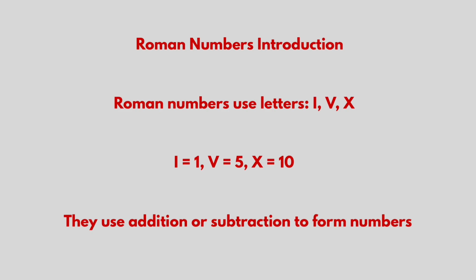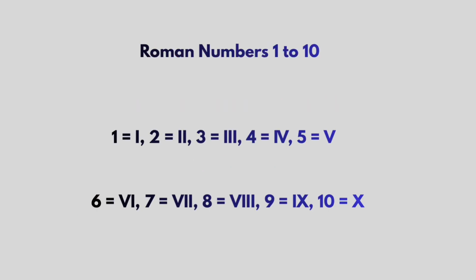Roman numbers we will talk about from 1 to 10. 1, 2 is 2 sticks, 3 is 3 sticks, 4 is 1 stick with a V sign, 5 we write with a V sign, 6 we write V sign with a 1, 7 we write V sign with 2 sticks, 8 we write V sign with 3 sticks, and 9 we write a cross sign with one stick, and 10 we write with one cross sign. So these are the simple Roman numbers from 1 to 10.